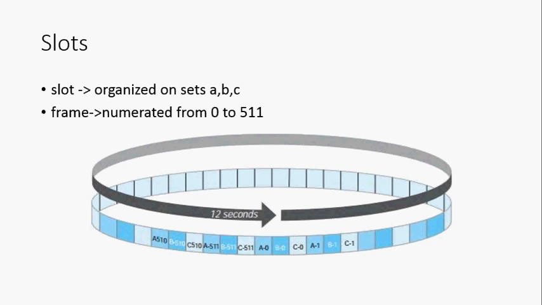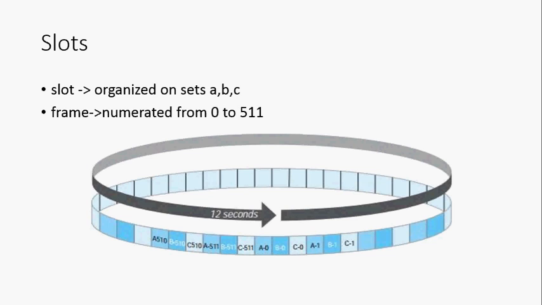Inside the network a new concept is also defined, the concept of frame, which has a duration of 12 seconds, a time interval that is more manageable for the requirements of the link system.